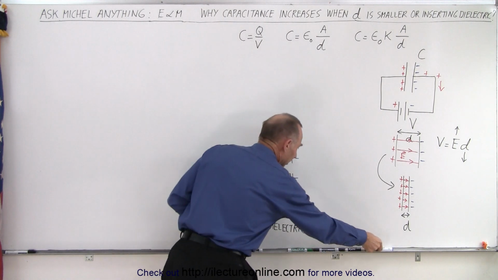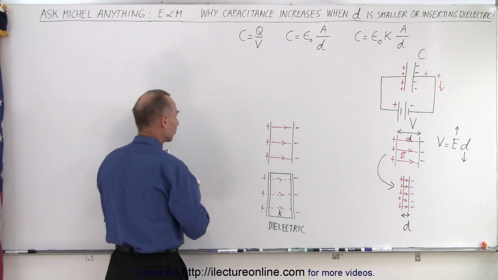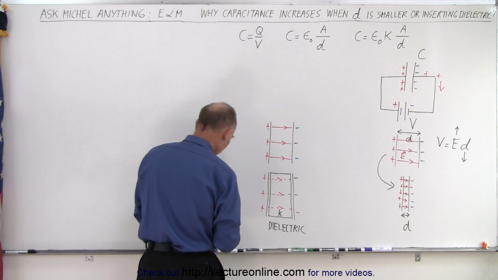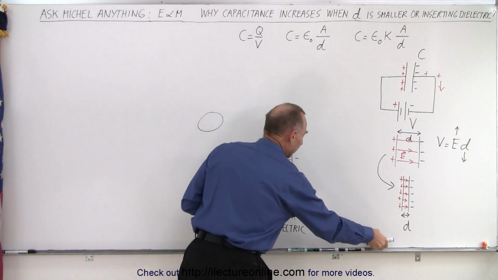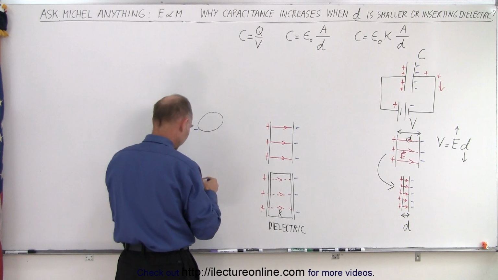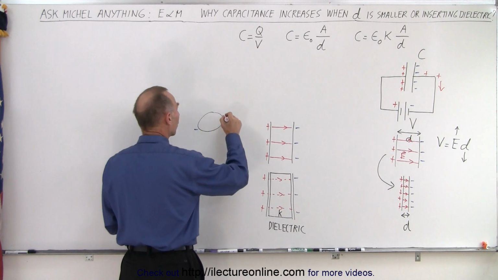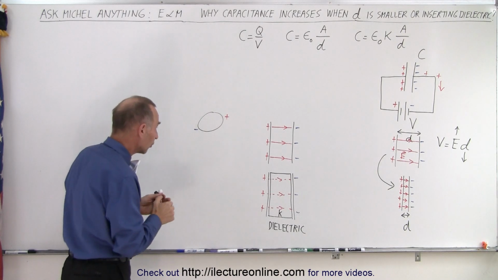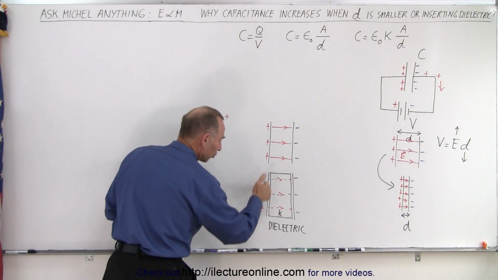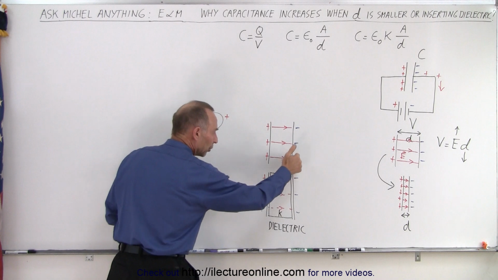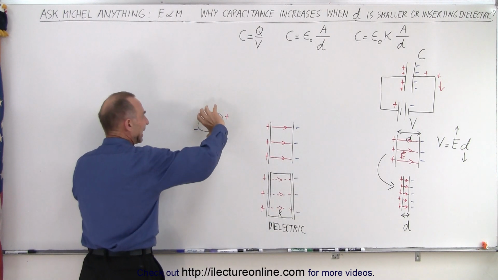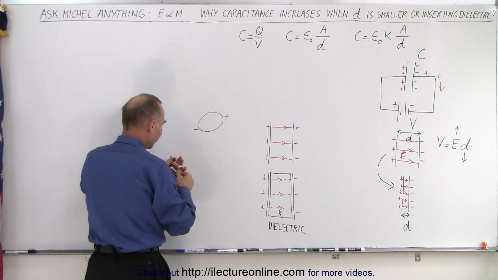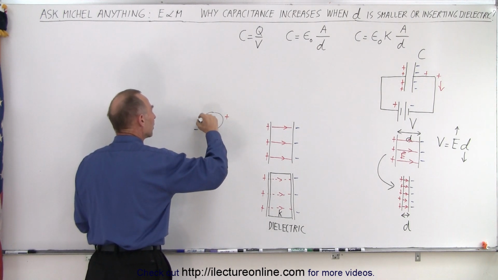So for example, let me try to draw that. Let's say we have a molecule that looks like this. And on one side, the molecule is more negative, and on the other side, the molecule is more positive. And of course, they're all stuck together by the intermolecular forces. But since there is more positive charge on one side of the capacitor and more negative charge on the other side, those tend to align themselves in such a way that it forces a torque on that molecule.